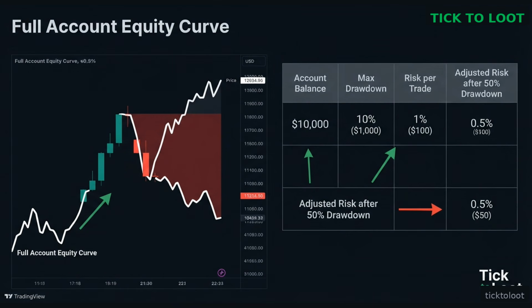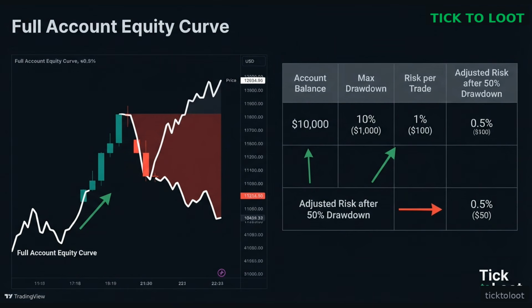Integrating drawdown control means you constantly compare two numbers: the current drawdown amount and your preset limit. If the drawdown approaches the limit, you automatically adjust other risk parameters, reduce position size, widen stop-loss distances, or even pause trading for a day. This creates a feedback loop where each component protects the other.